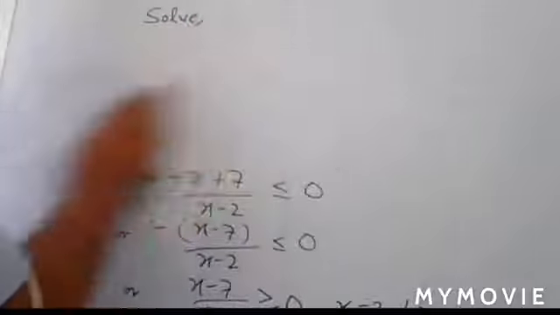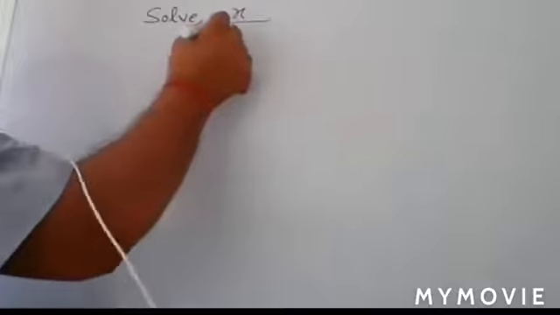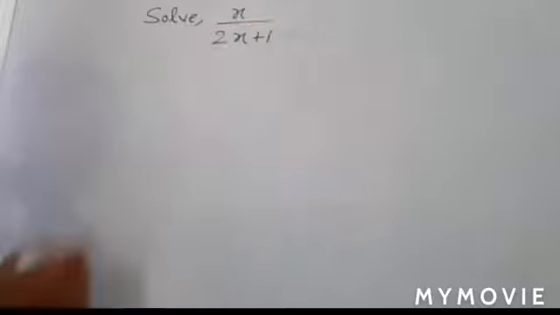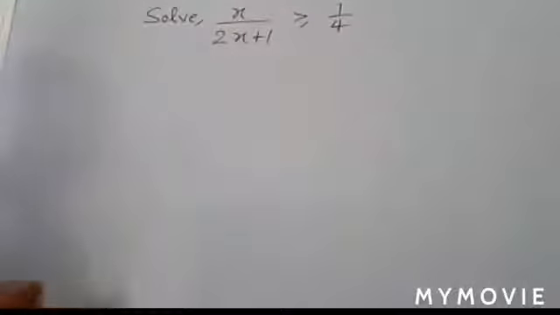So right here, solve x upon 2x plus 1 greater or equal to 1 upon 4.